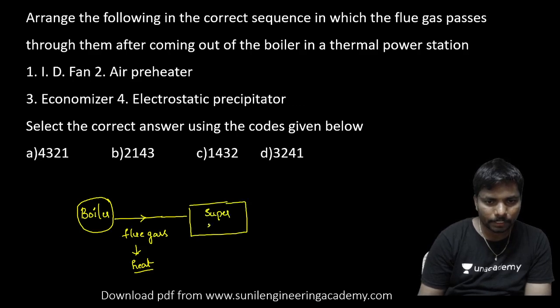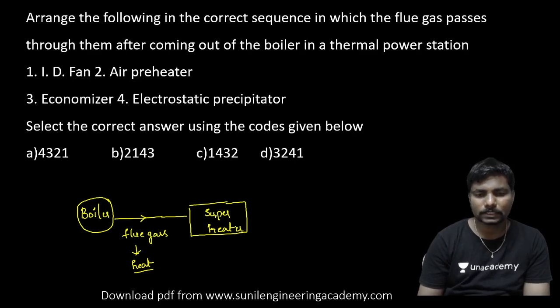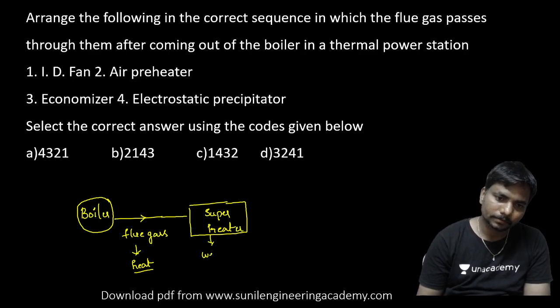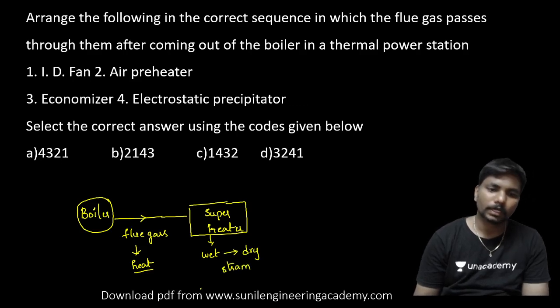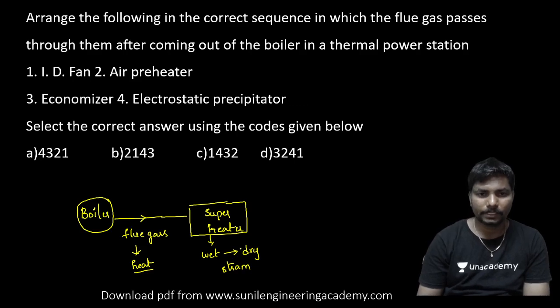The superheater utilizes that heat in the flue gases, and it converts wet steam into dry steam. Wet to dry steam. Okay, that means it increases the temperature of the steam to a very high point.